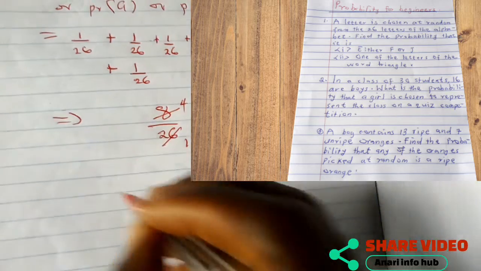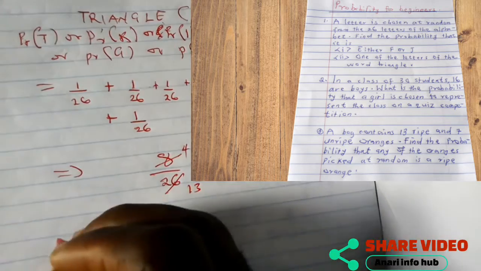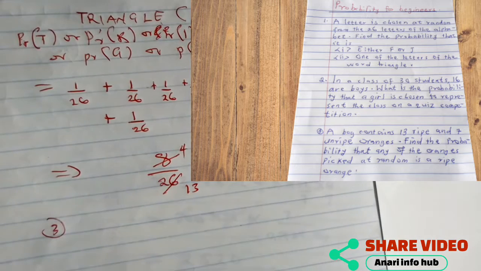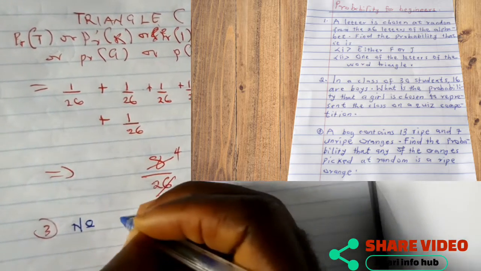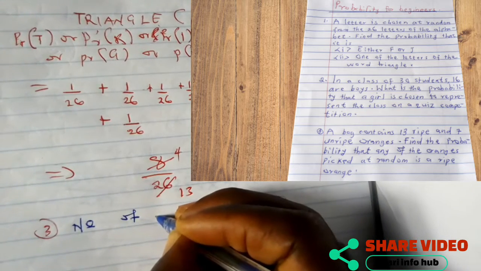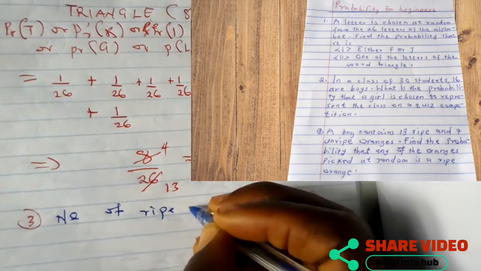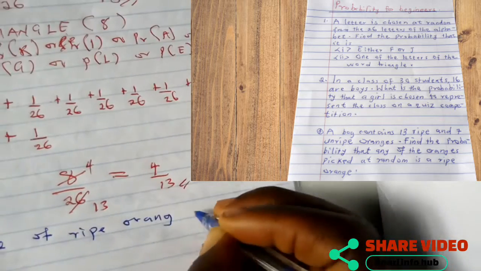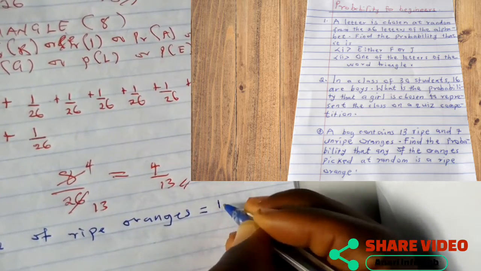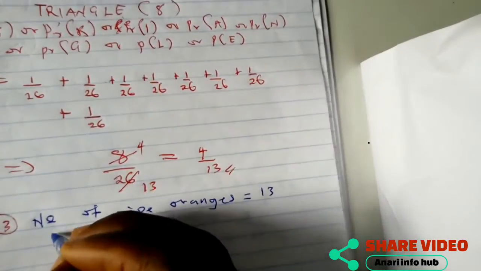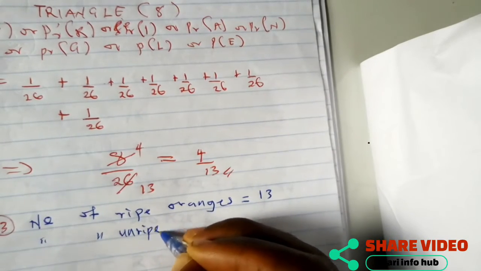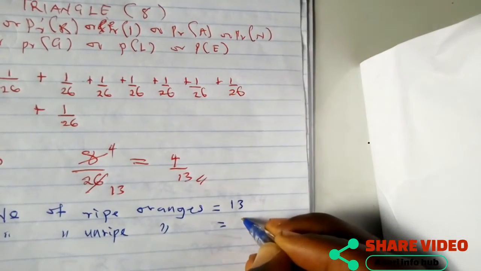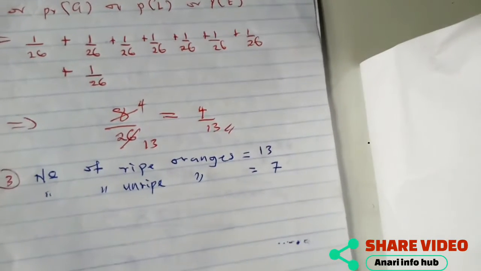So solving number 3, the number of ripe oranges equals 13, then the number of unripe oranges equals 7.